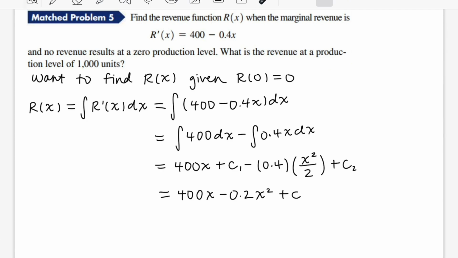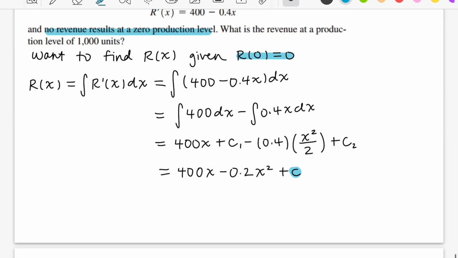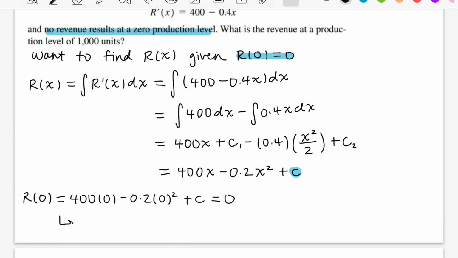And so what we're going to do is use this here to find our value for c. So plugging 0 into our function we just found, we'll get that c is equal to 0, because r of 0 is equal to 0, and then these all go to 0.